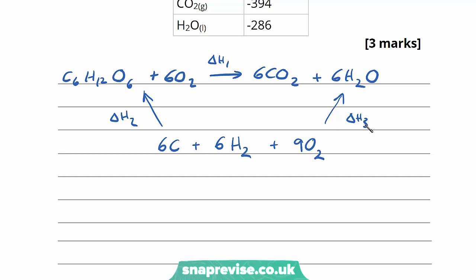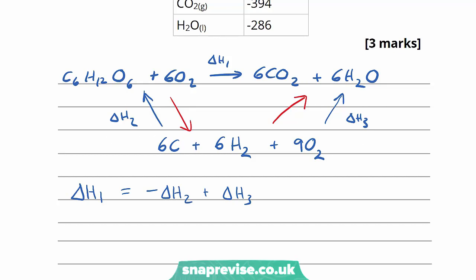So we can see that delta H1 will be equal to minus delta H2 plus delta H3, as the reaction path that we want to take is from glucose and oxygen to the constituent elements to our carbon dioxide and water, our products. So let's go ahead and work out a value for delta H2 and delta H3 so we can calculate delta H1.